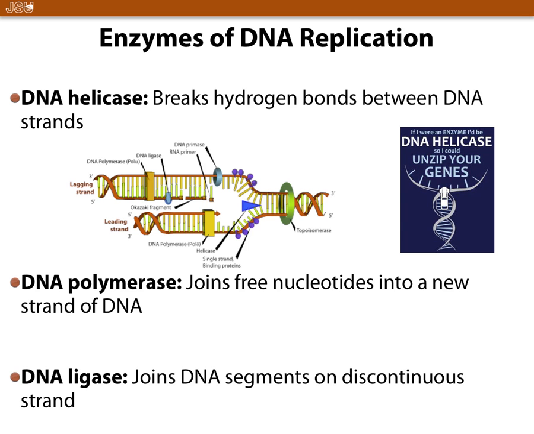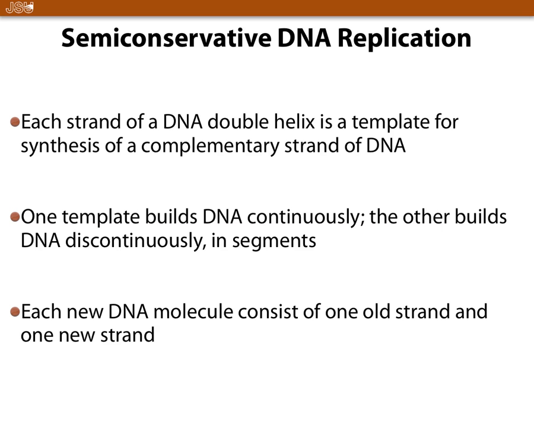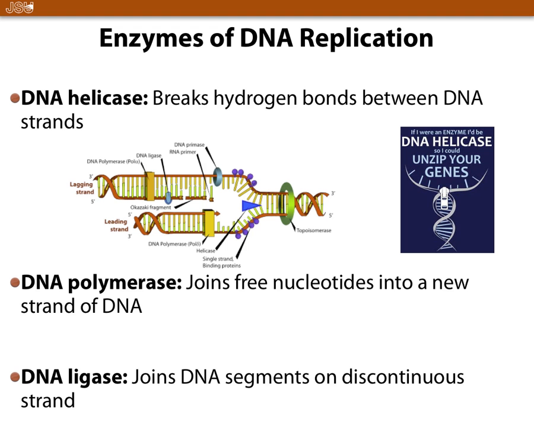Okay, so let's look at this picture. Okay, see this picture, and it says lagging strand, leading strand. Okay. What did we say first? The first point was what? Each strand of the DNA double helix is template. So that first point, let's look on the right of this picture. You see where it says topoisomerase and the little twistiness to it? Okay.